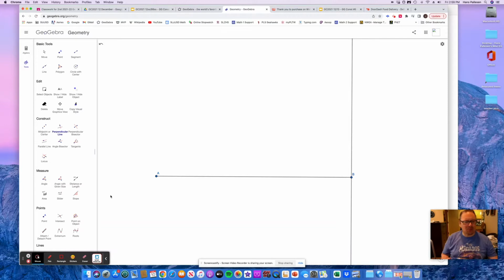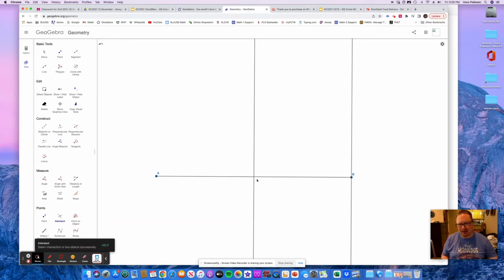And then a perpendicular bisector, there's a one-click button right here. If I have a segment, I can click this, and I get right away the perpendicular bisector, and I can mark that intersection, and it should be C. It is.